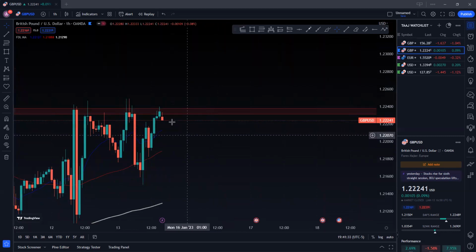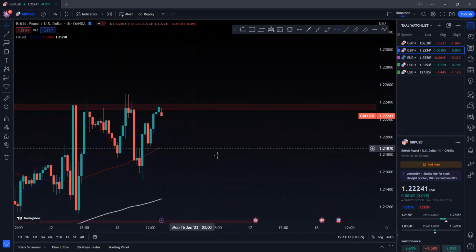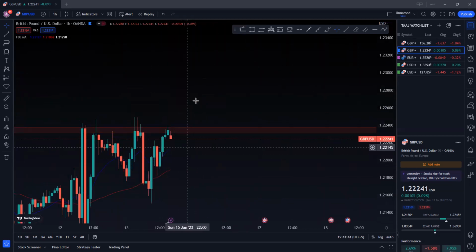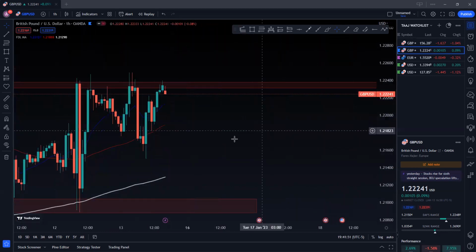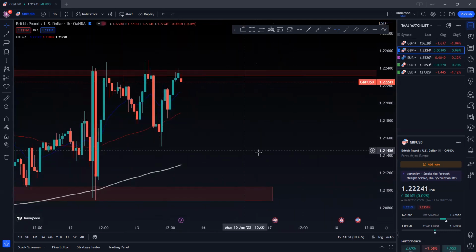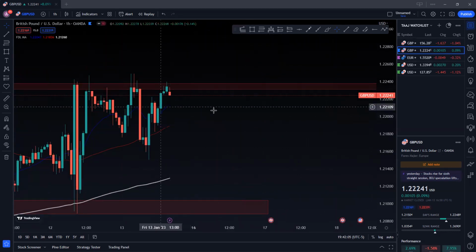And if it continues to go down, I will wait to see if there's any sign of rejection on the second moving average, and then I'll look for the longs. And if there was a full continuation to the downside, probably the price will contest this zone again, but I'm not comfortable taking this trade. But if there is a good setup, I will let you guys know and update you in the channel.